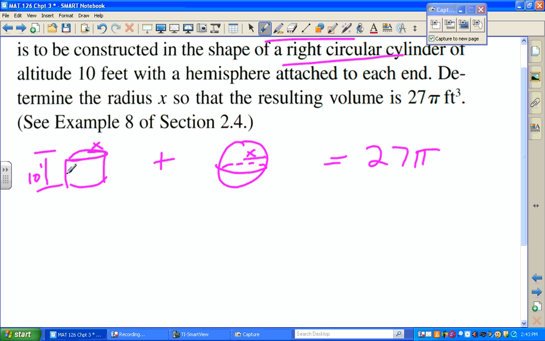What is the volume of a cylinder? Oh, just look it up in your book. Pi r squared h. Very good. The volume of a sphere. Very good. 4/3 pi r cubed.